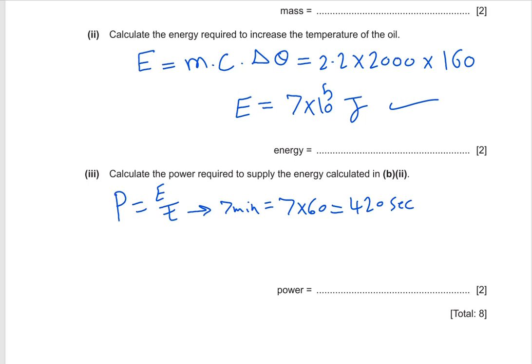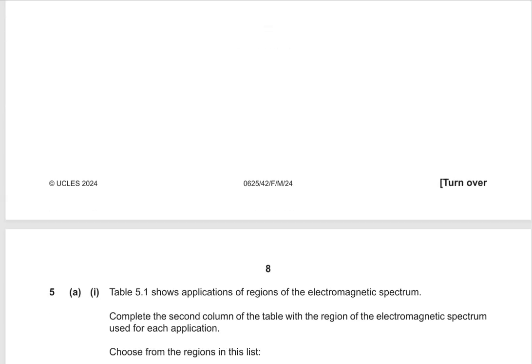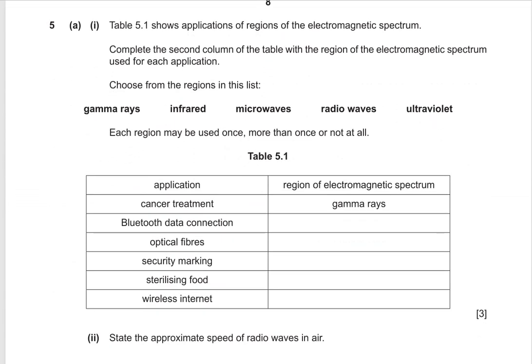So power is going to be 7 multiple 10 to the power 5 over 420, and it will give me almost 1700 watt. So this is the question 4. I hope it's clear. Please feel free to ask any question under the video.